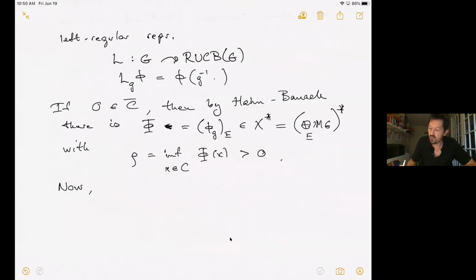Okay, so now we know what the duals of these spaces MG are. They're Lipschitz spaces.